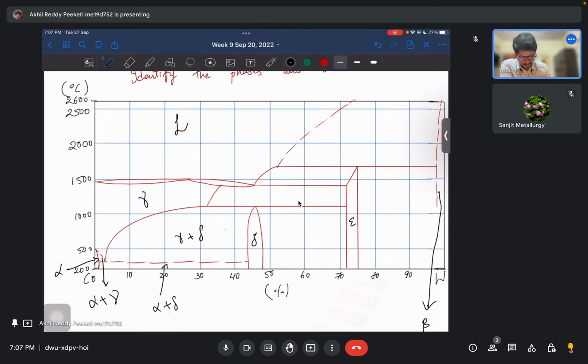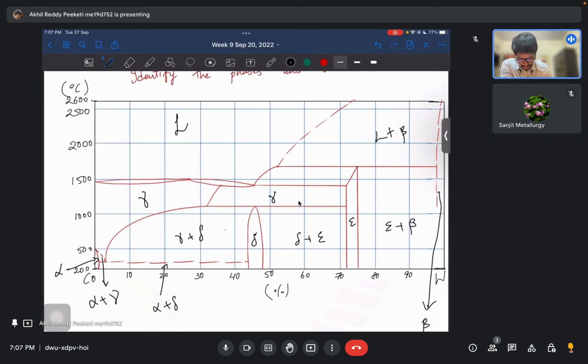Okay. Now this would be delta plus epsilon phase. Now this would be epsilon plus beta phase, and this would be liquid plus beta. Okay. So the melting point of W is actually very high, and that is out of the graph. So that's why we have these dotted lines.